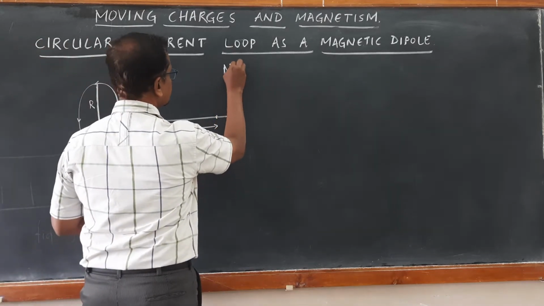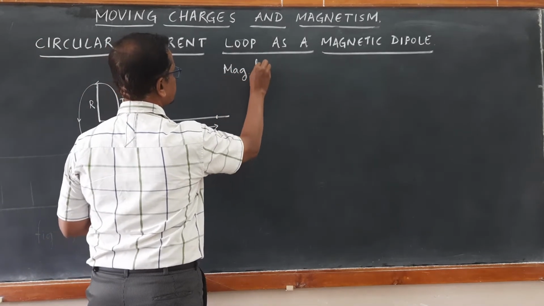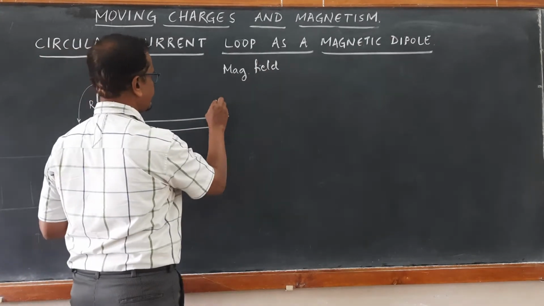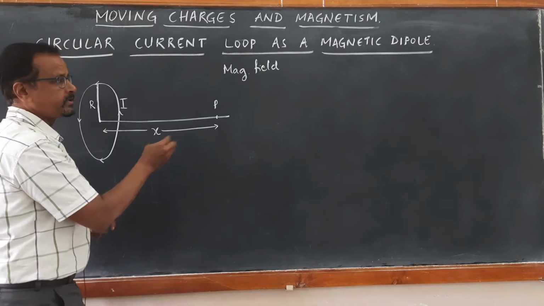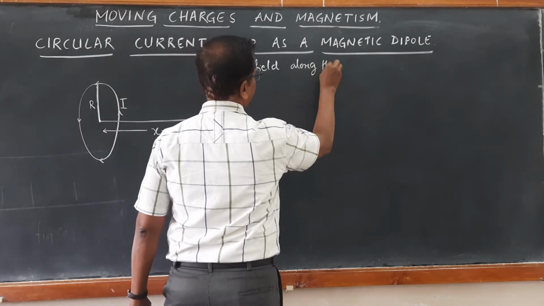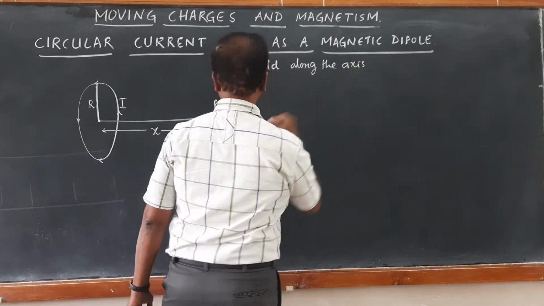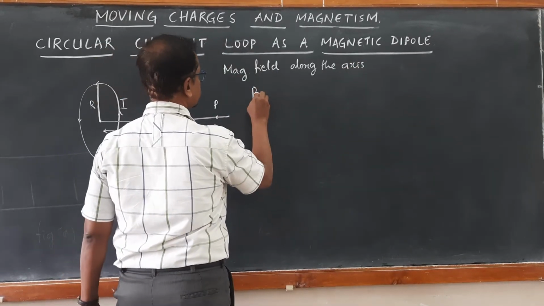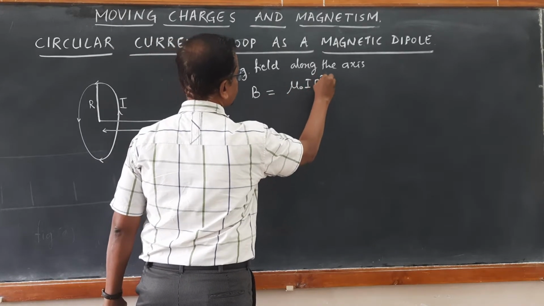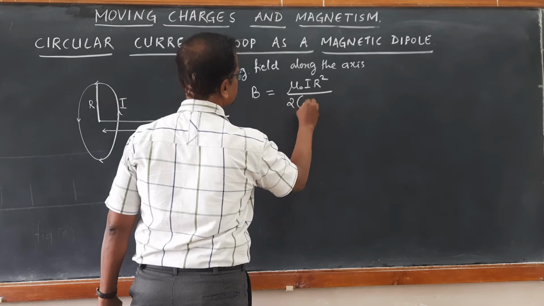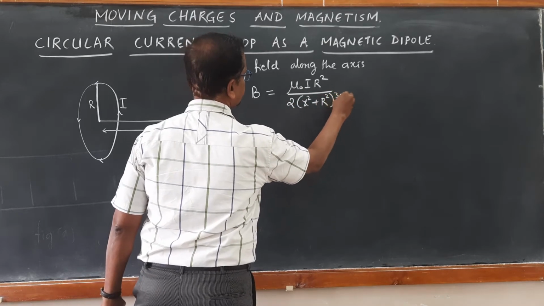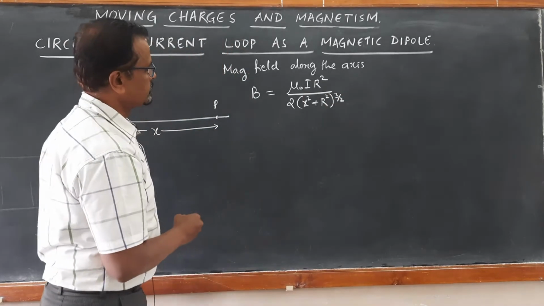The magnetic field at point P, at distance x along the axis of the circular loop, we found as B equal to mu naught I r square by 2 times x square plus r square raised to 3 by 2. We have derived this equation, right?